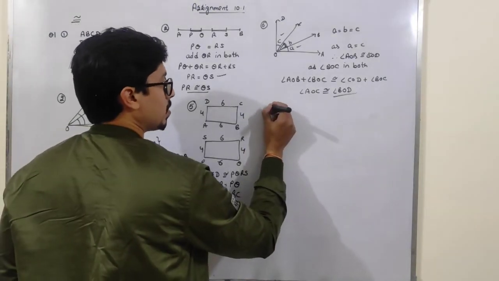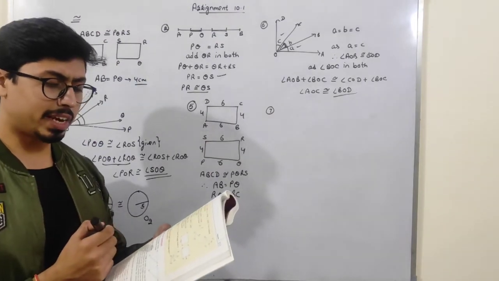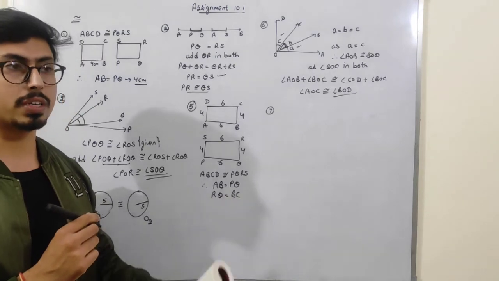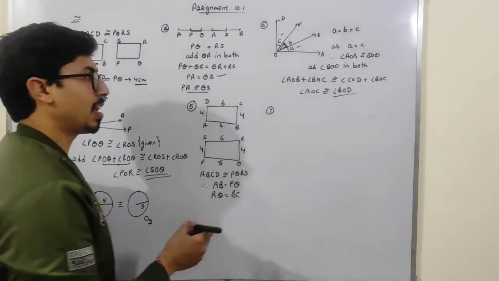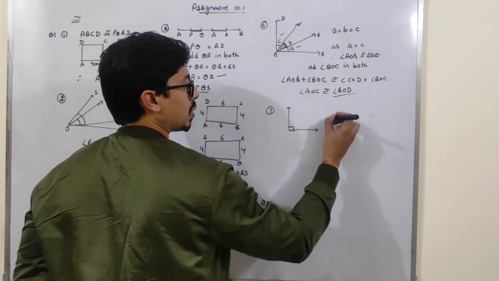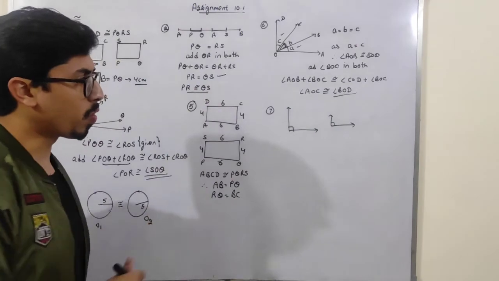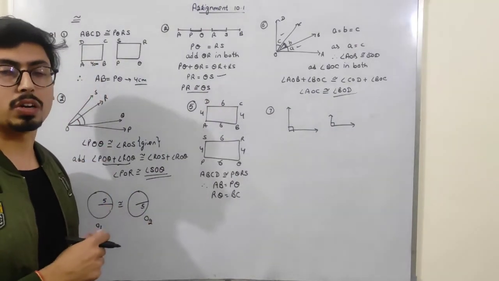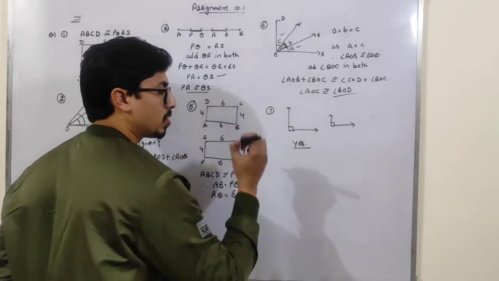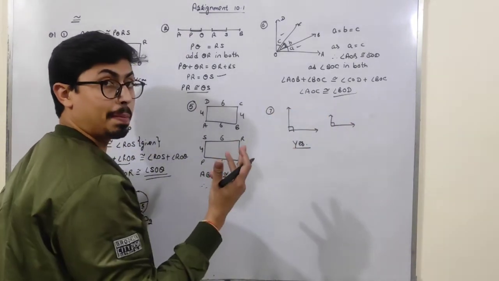See, question number 7: is it correct to say that any two right angles are congruent or not? Like if I take these two right angles, are they congruent? Yes, students, they are congruent. See, because if I just place this on this, they will overlap each other.